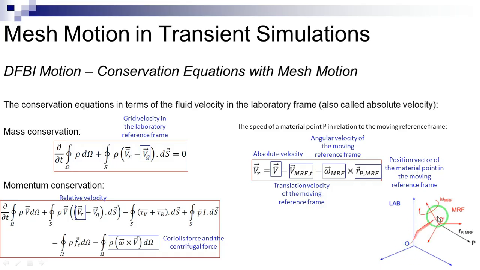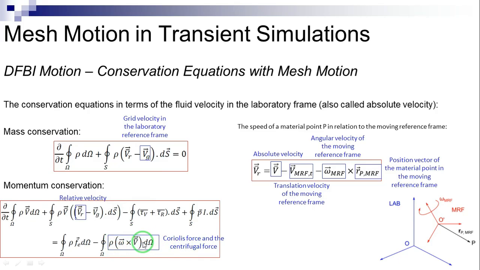The angular velocity of the moving reference frame in relation to the laboratory frame is denoted by omega_MRF, while r_P,MRF signifies the position vector of the material point in the context of the moving reference frame. The final term on the right hand side of the momentum equation accounts for the fictitious force that arises from the non-inertial moving reference frame.